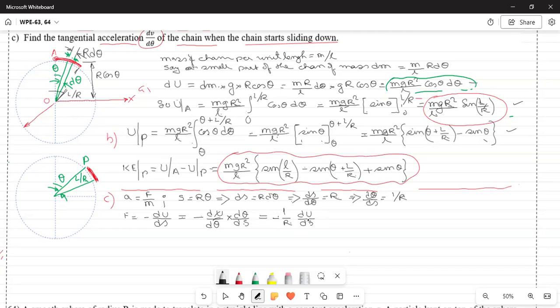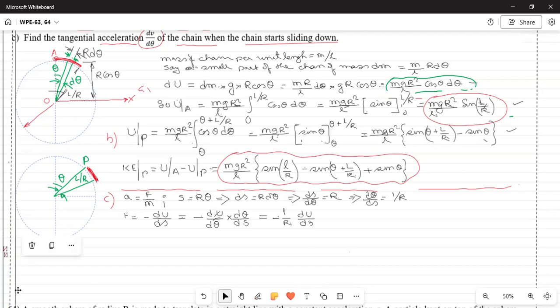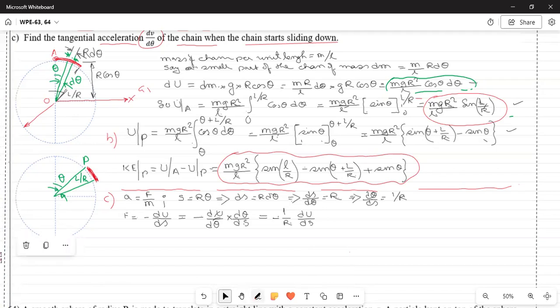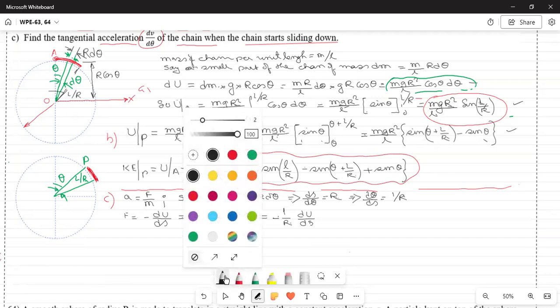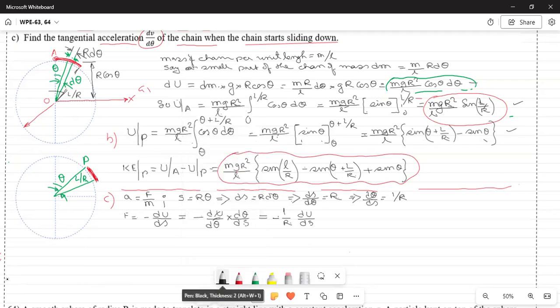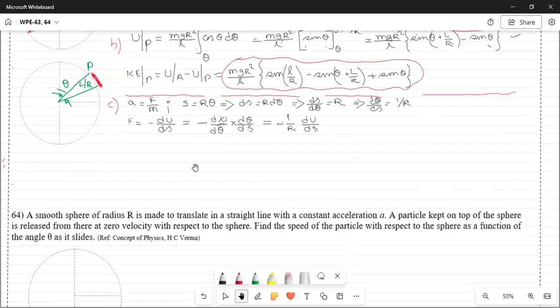Now, what is the potential energy when the body is at an angle theta? Now look how I am proceeding. I need a little bit more space here, so I'll just lift the board up.